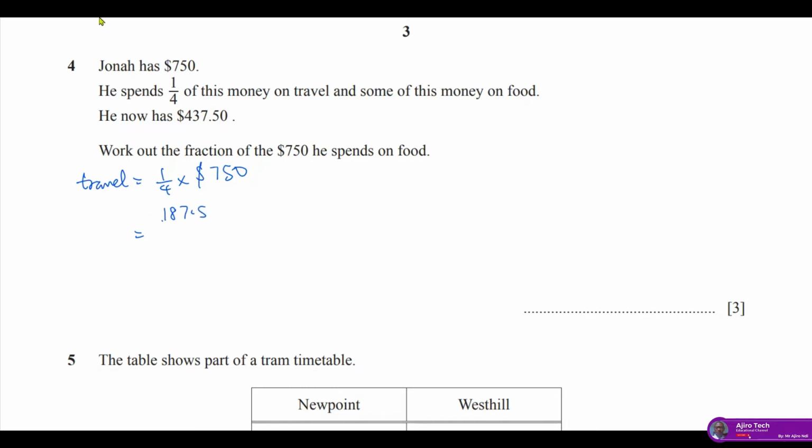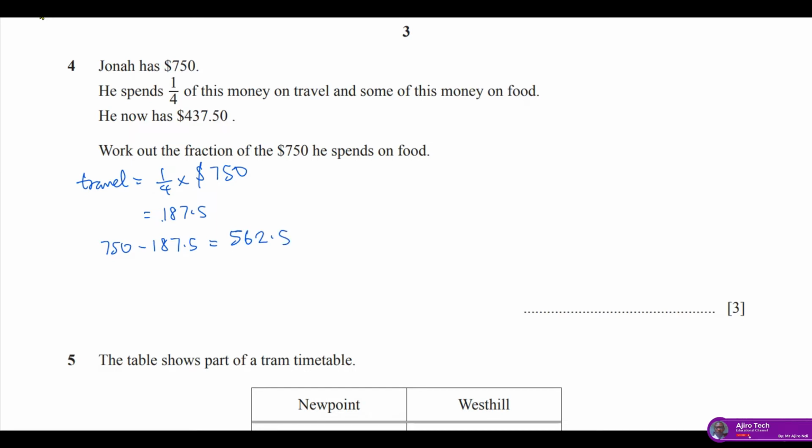The next thing you want to look at is, then you want to remove this: 750 minus 187.5, and we get 562.5.